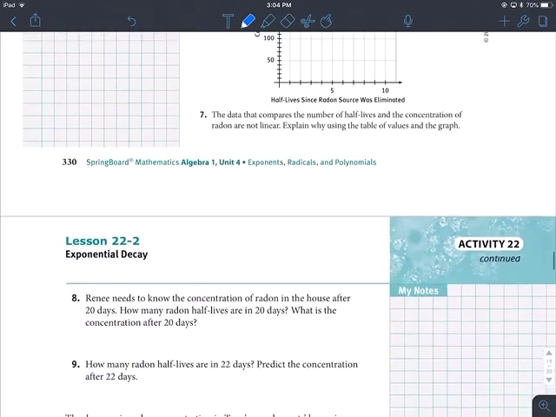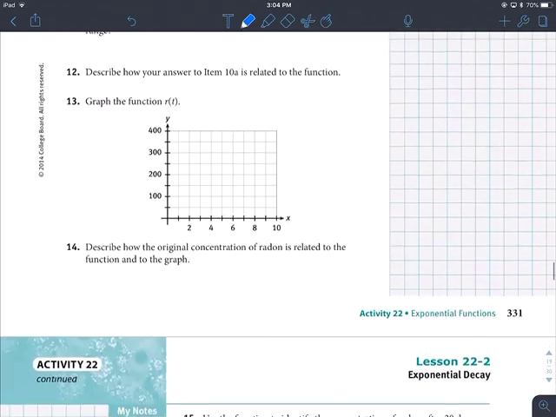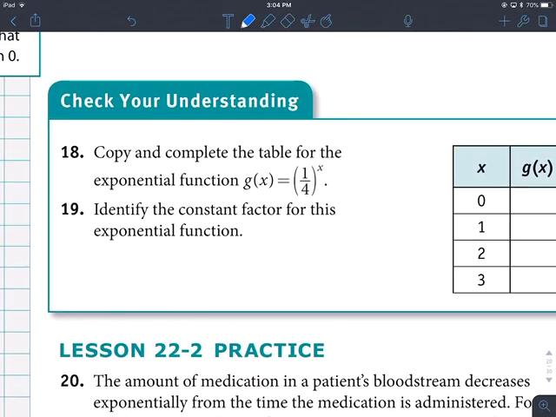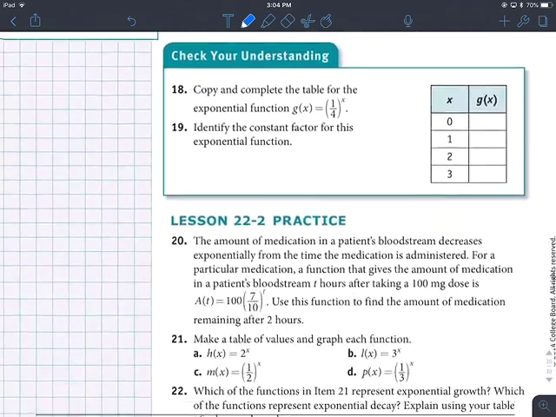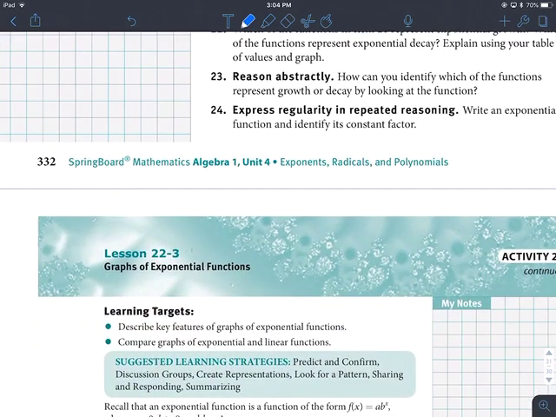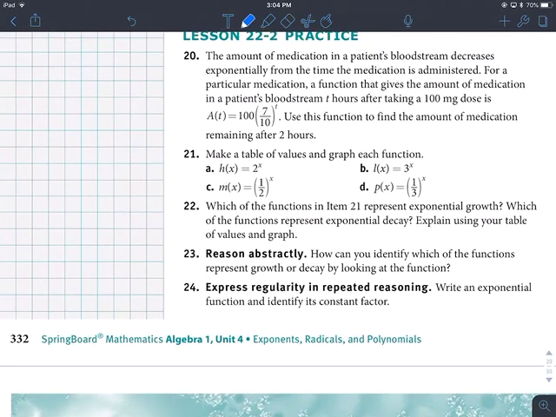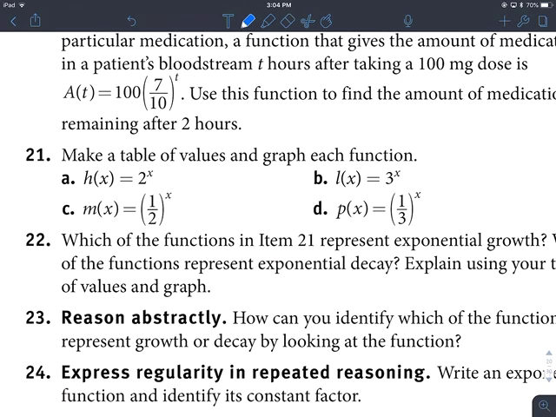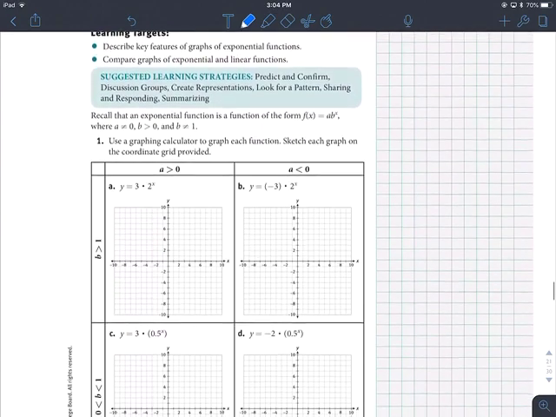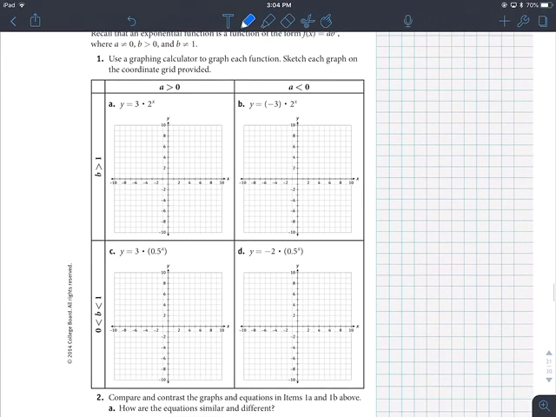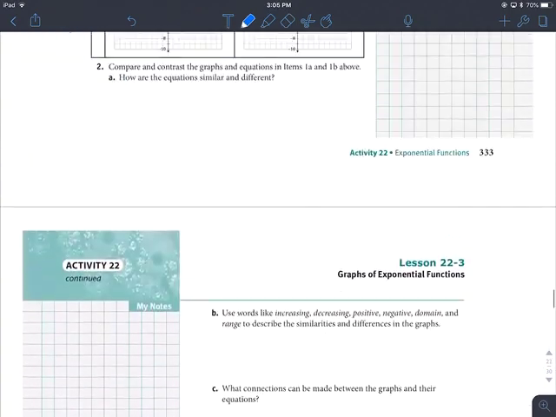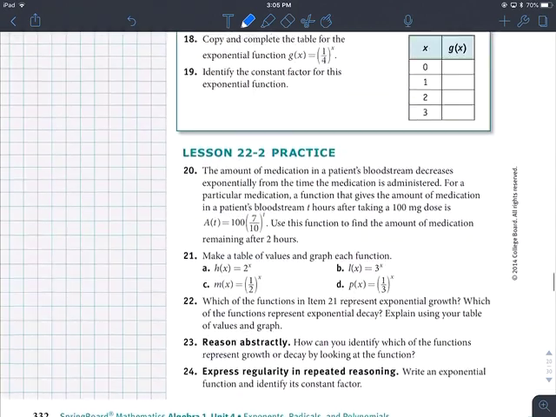What I do want you to start practicing is about decay and growth. Doing problems like this, you'll be able to do on your own. I'll do another practice, and then we'll probably do some of these, and again we'll look at some real life applications of this.